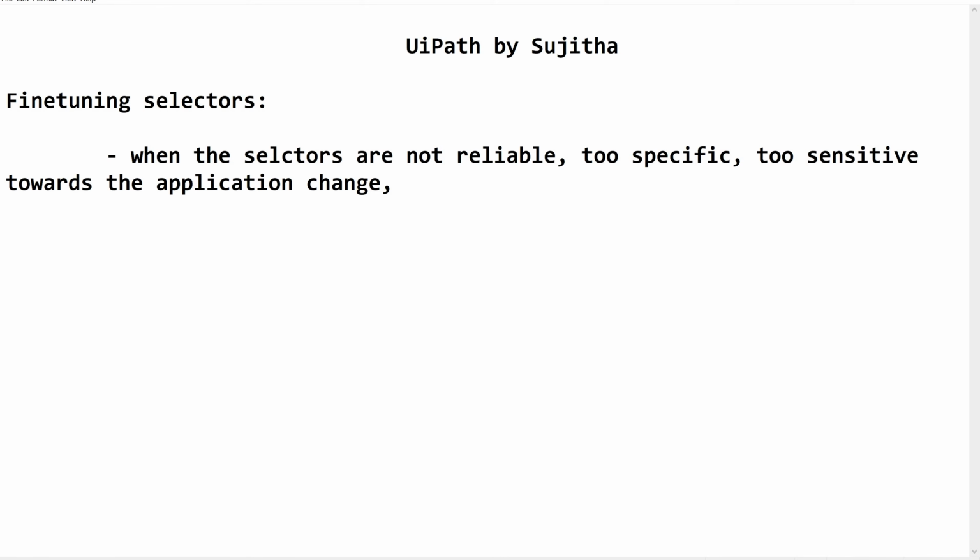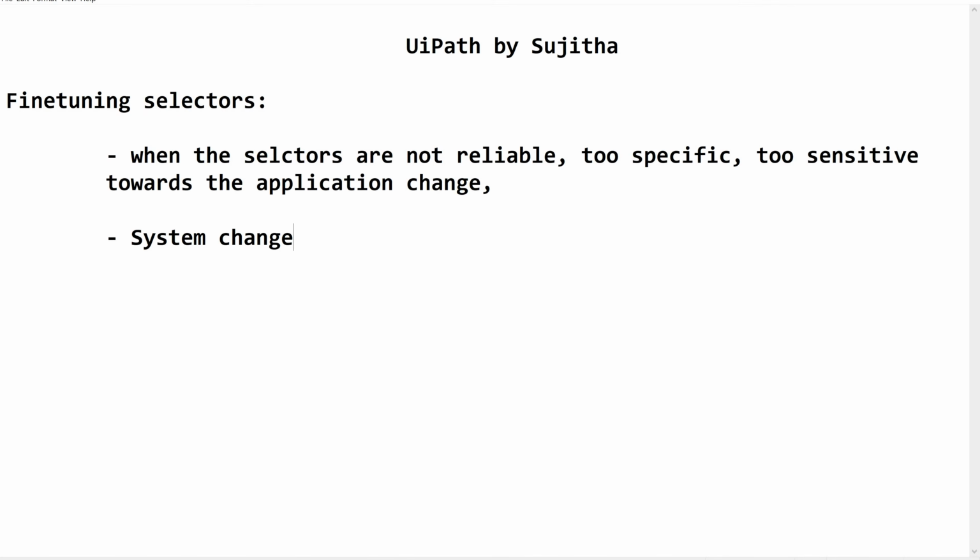This is one situation. Also, when there is any version change, right? Version change in the sense of an application version change. Got it? I can say that it is system changes.